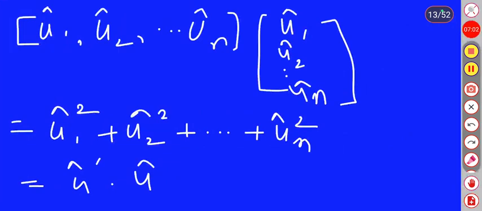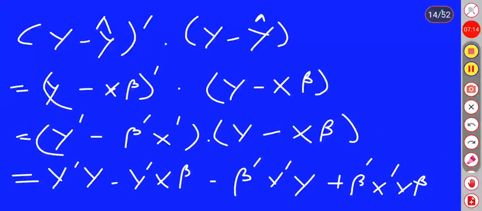If we multiply the terms, we get u1 hat square, u2 hat square, u3 hat square up to un hat square, which we can denote as u hat prime into u hat. So it is y minus y hat prime into y minus y hat. Here we know that y hat equals x beta hat, so putting in the value, y minus x beta hat prime into y minus x beta hat.